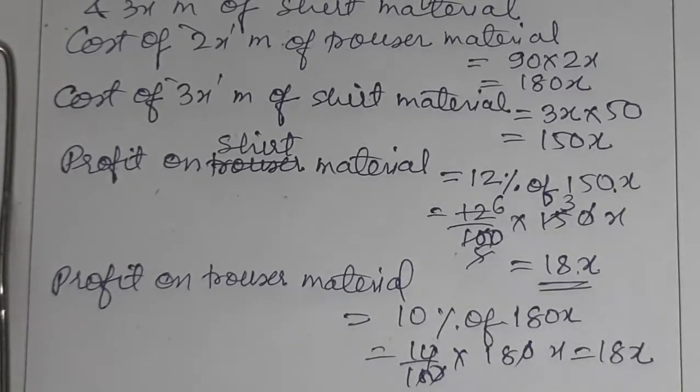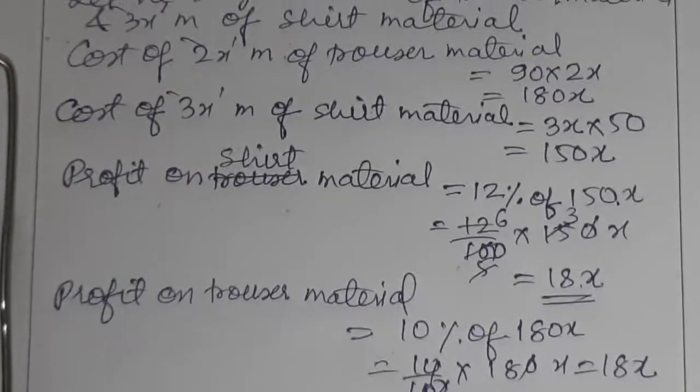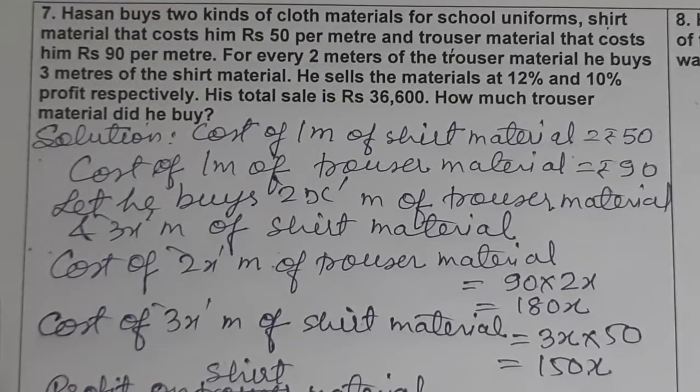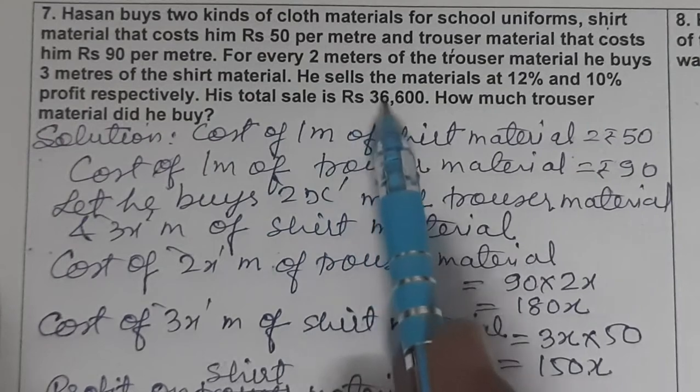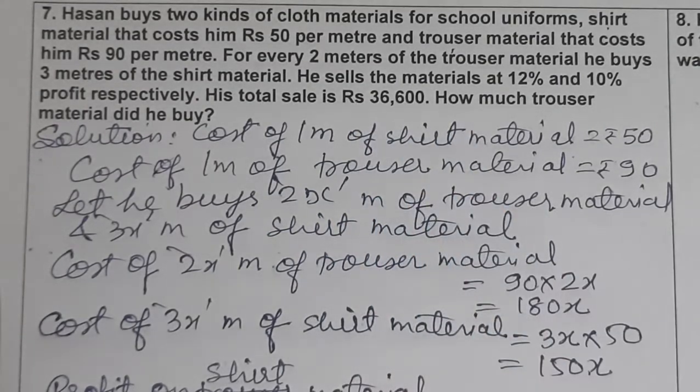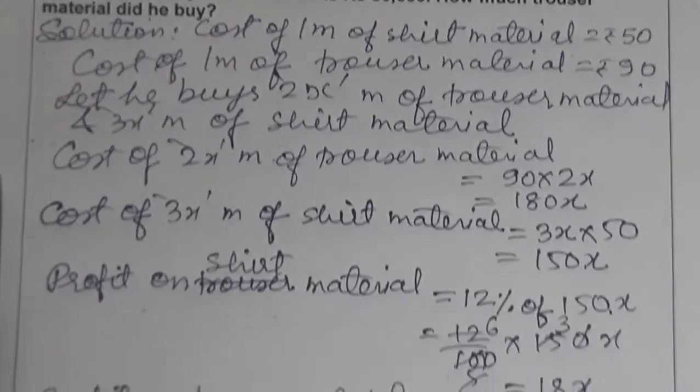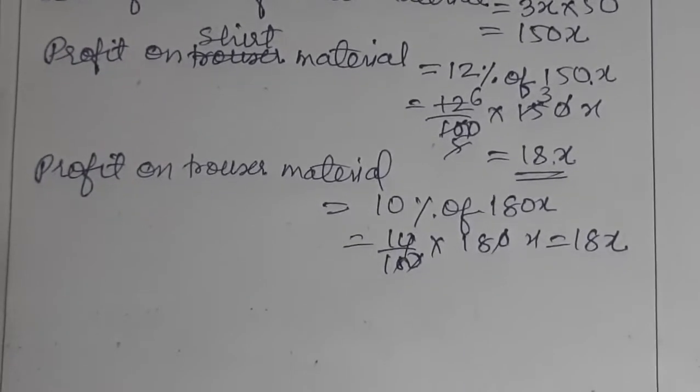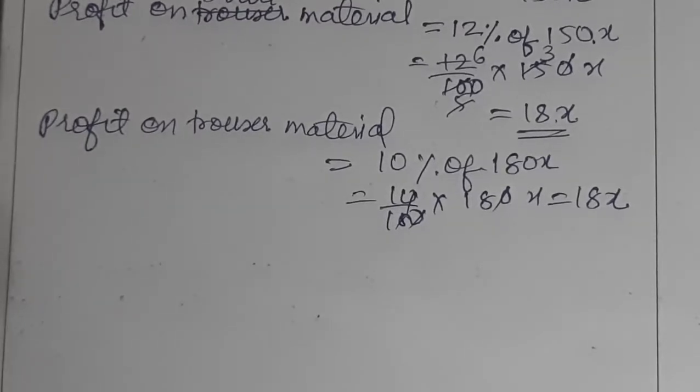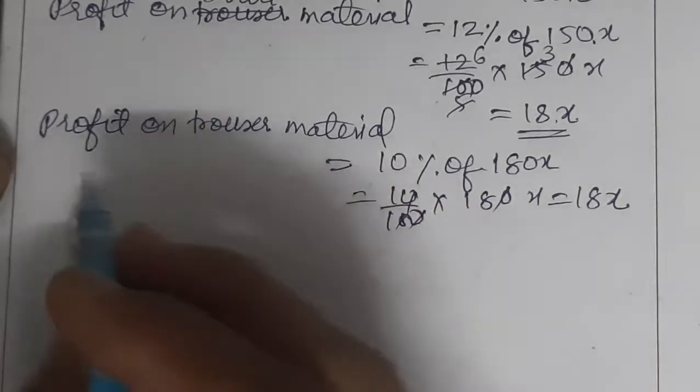Now, as we know his total sale, what is the question? See again the next part of the question. His total sale is 36,600. That means sale includes cost price and profit together. So total sale means sale on shirt plus sale on trouser material, both cost price and profit.